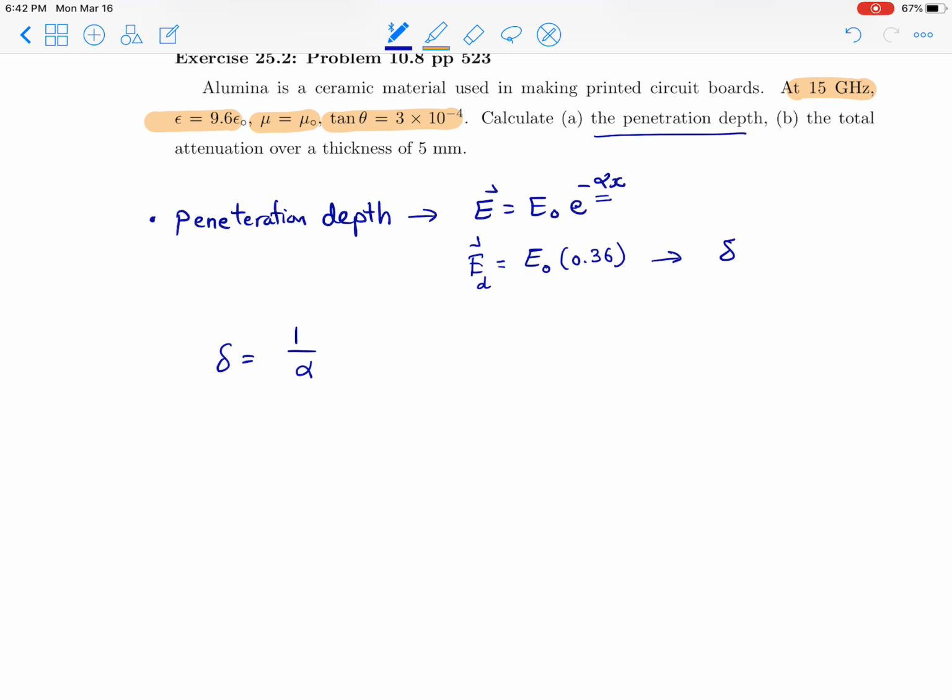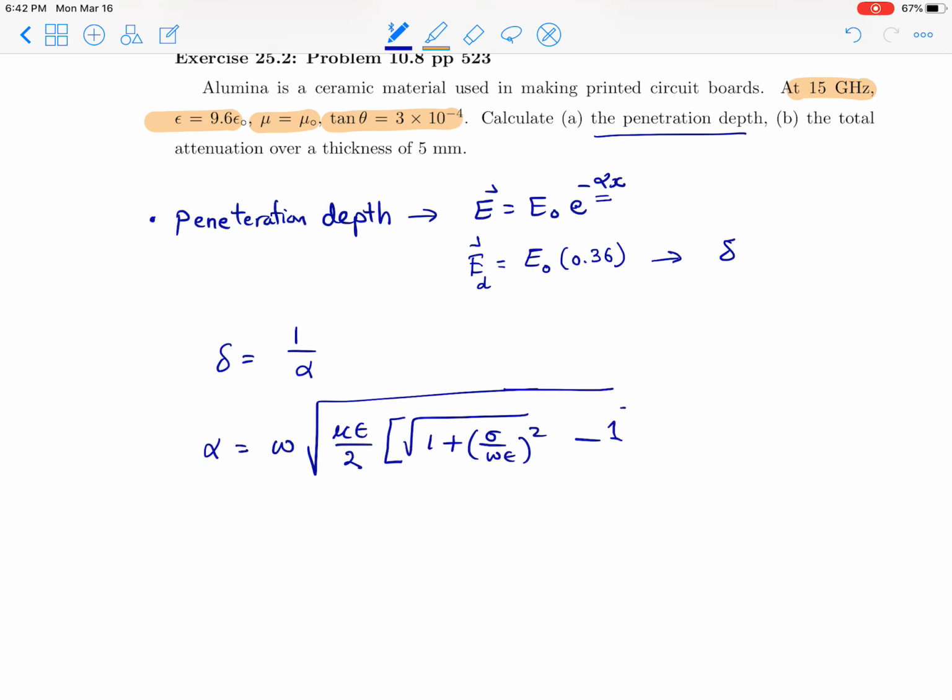We know the expression for the attenuation constant. We can easily substitute, and we will end up with 0.146 nepers per meter.